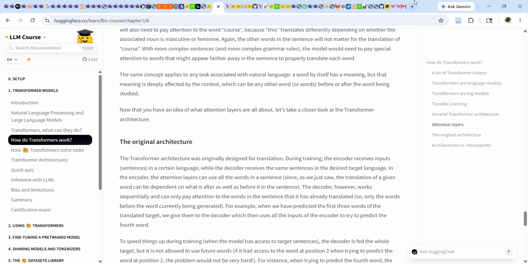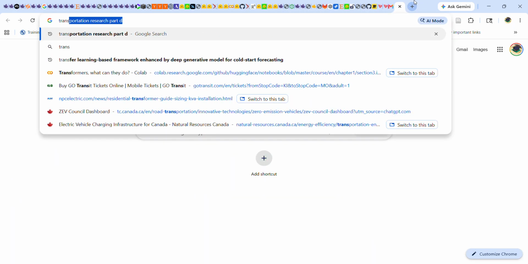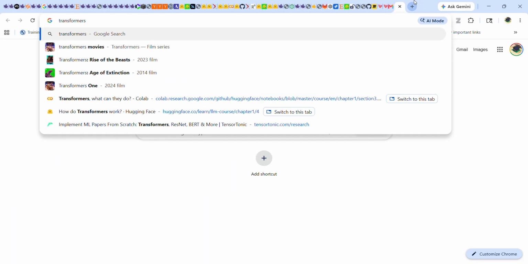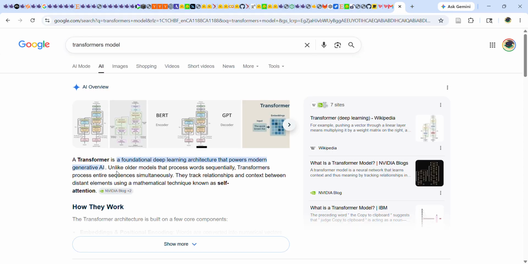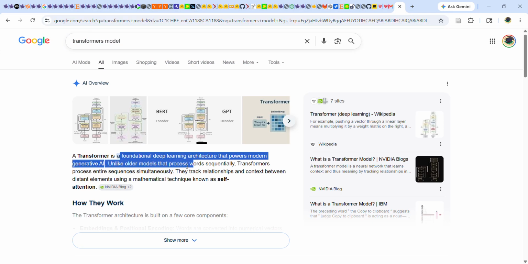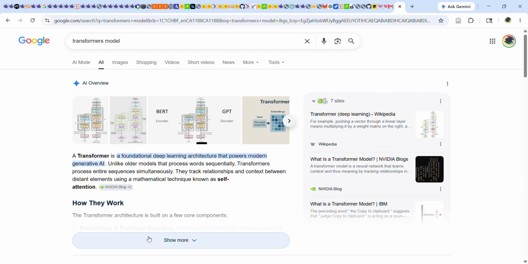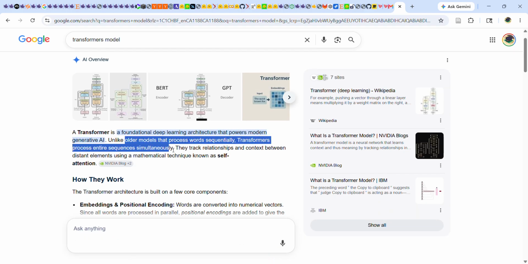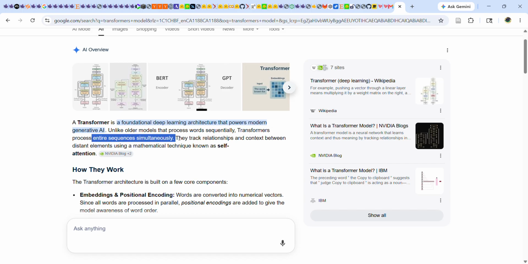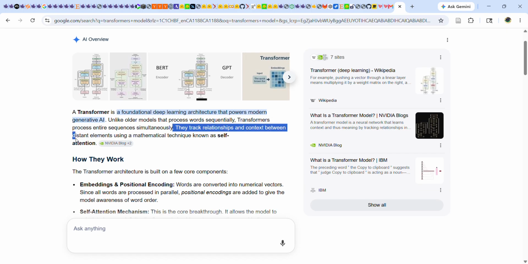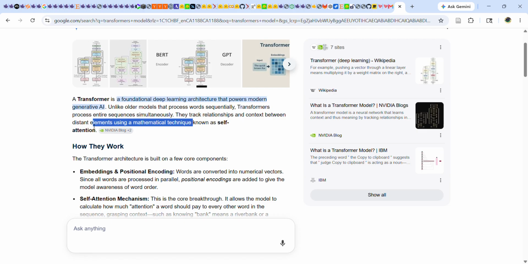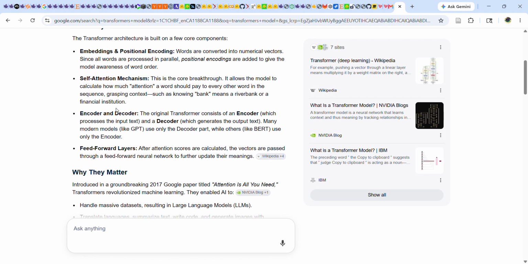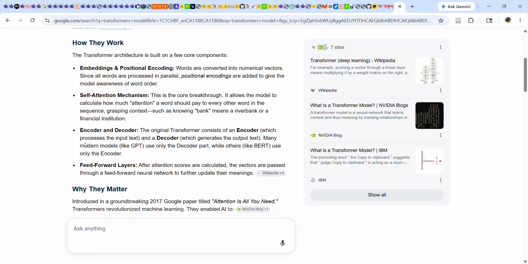So now we know what transformer models are. It is a foundational deep learning architecture that powers modern generative AI. Unlike older models that process words sequentially, transformers take the entire sequence simultaneously and track relationships and context using math called self-attention.